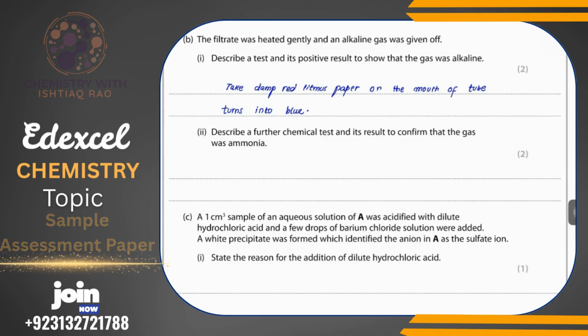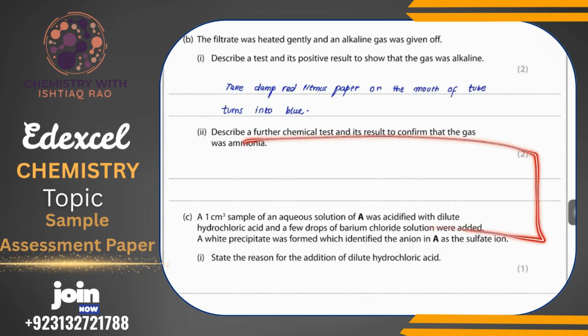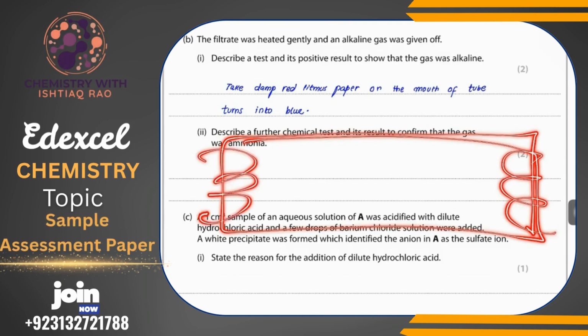Very good. It's related to, if you remember in IGCSE, we used to discuss the glass tube question. It's related to diffusion. On the left hand side I have ammonia, on the right hand side I have HCl.